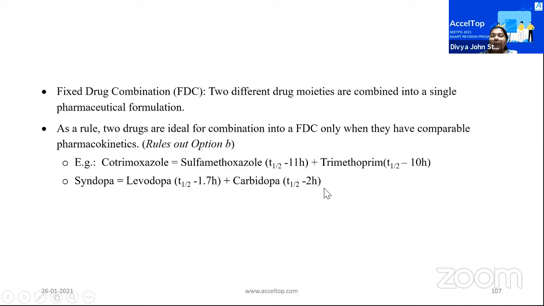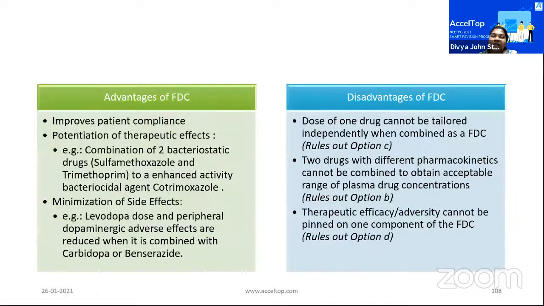Okay. So what is the advantage of an FDC? A fixed dose combination essentially improves the patient's compliance. So instead of taking two different tablets, they can take a single tablet with both the moieties together. Okay. Potentiation of therapeutic effects: the combination of two bacteriostatic agents, that is sulfamethoxazole and trimethoprim, increases the activity to bactericidal in cotrimoxazole.